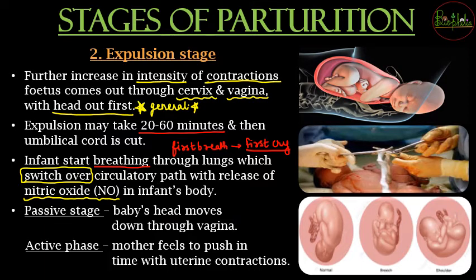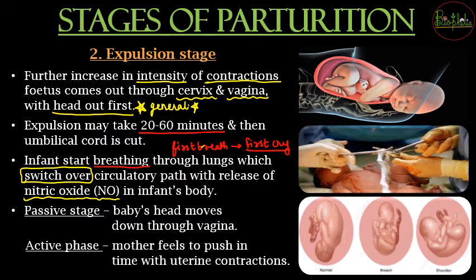So that painfulness is going to give the first cry, but that first cry is very important. It is pain, the baby is crying, but still it is important to mark the start of the baby's life.